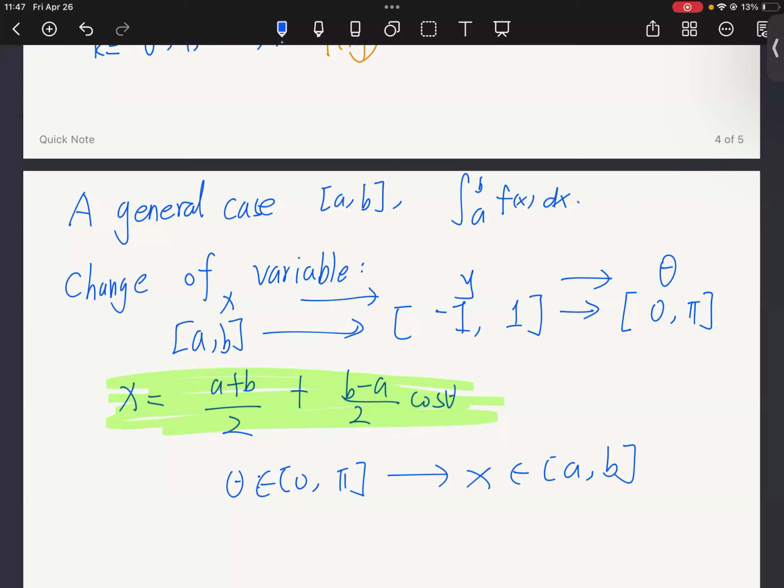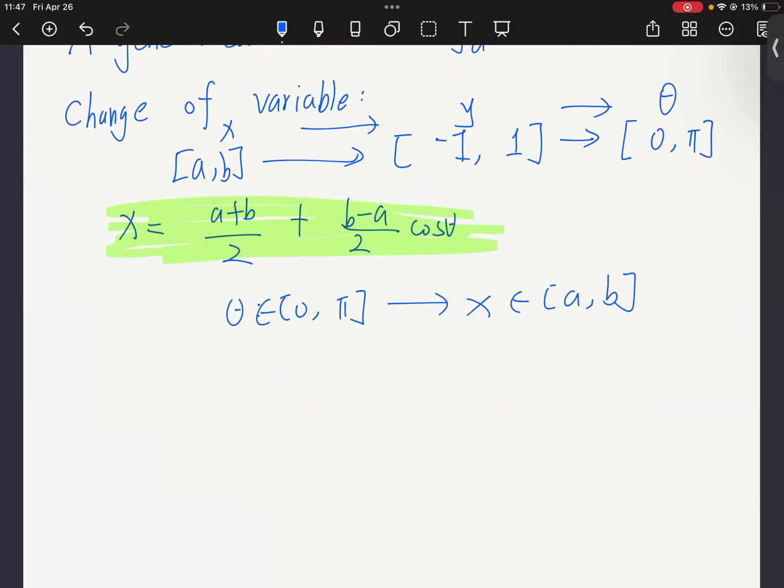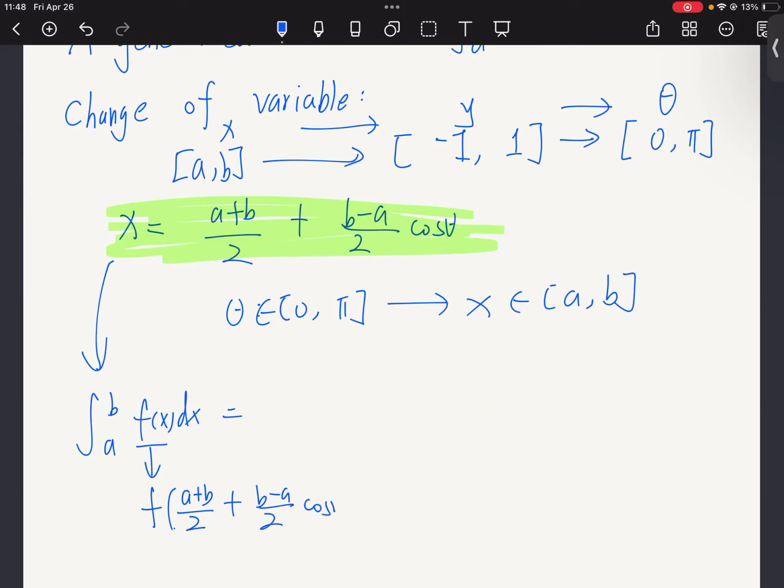So now with this change of variables formula, this green part, we are going to change this integration into, I'm going to do the substitution here, the f(x), and I'm going to substitute the x with (b plus a) divided by 2, plus (b minus a) divided by 2 times cosine theta.